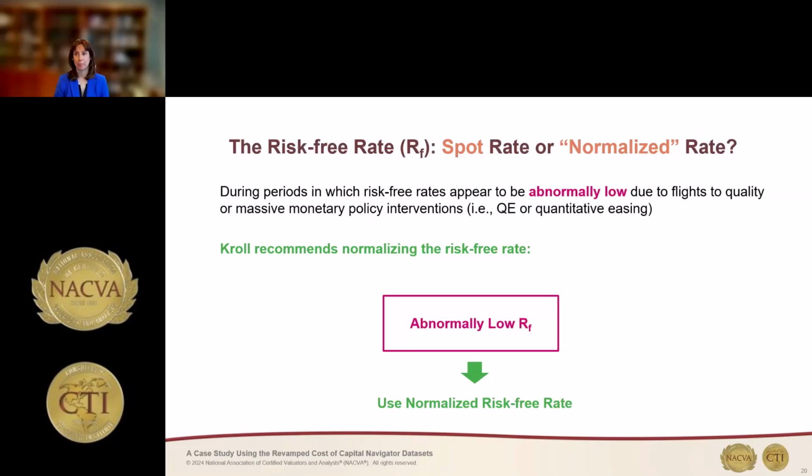But then what happened? The Federal Reserve Bank, so the central bank of the United States, the Fed, said, we're going to start doing something we call quantitative easing. And what that involved was buying massive amounts of US Treasuries, in addition to agency and mortgage-backed securities, but especially US Treasuries. And they specifically said our objective is to drive long-term interest rates down.